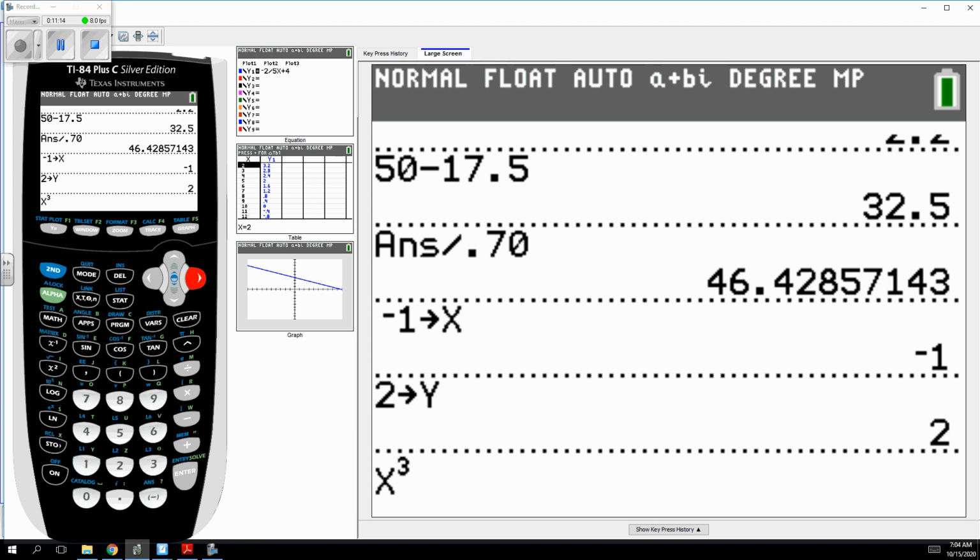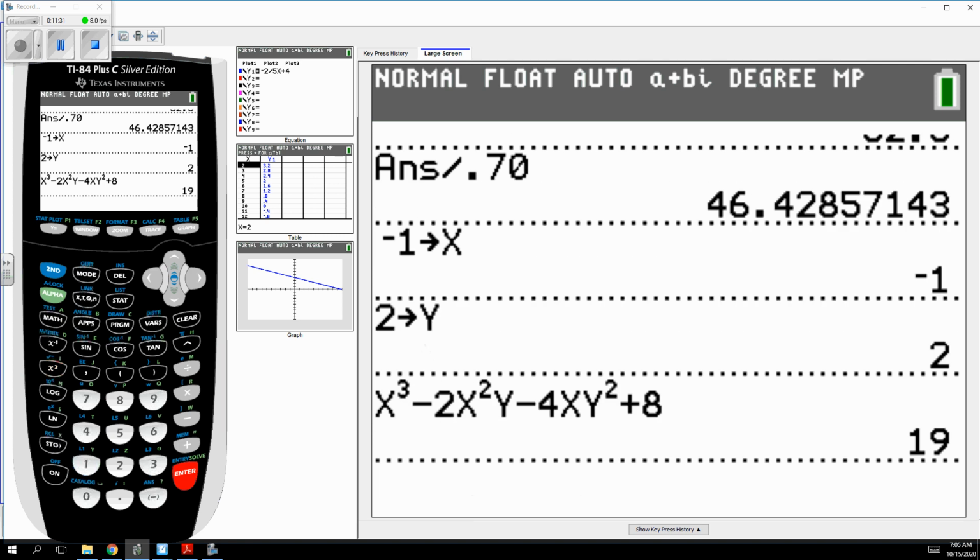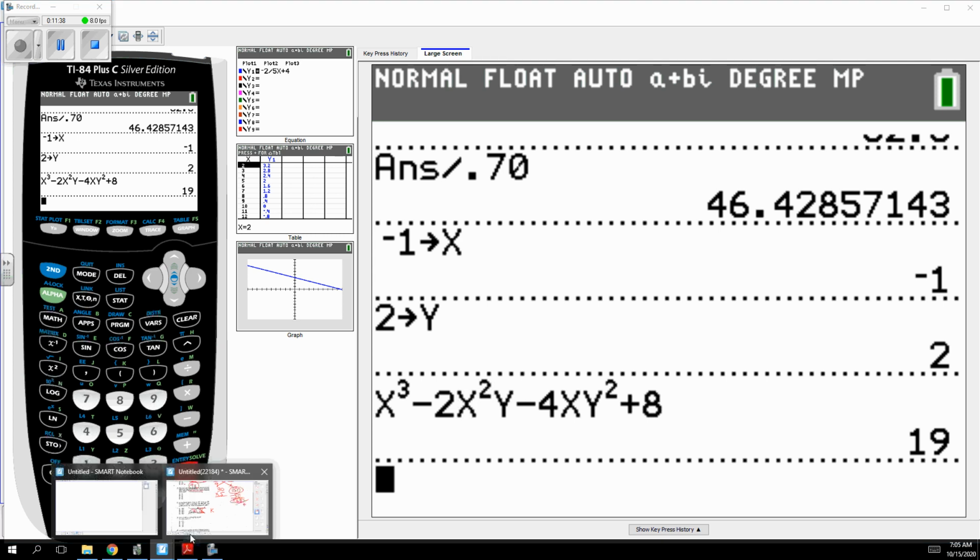X cubed minus 2x squared y minus 4xy squared plus 8. I love how I don't have to do nothing. The answer is C. And I am serious about that.